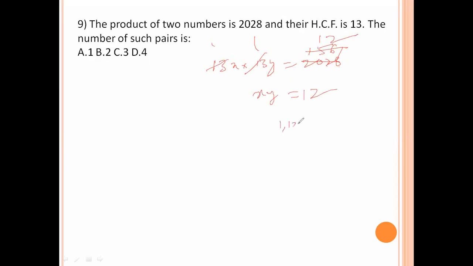Here 1 and 12 are co-primes. Co-primes means their HCF is 1. Similarly, 4 and 3 are also co-primes. So you get two cases. Option B is the right answer.